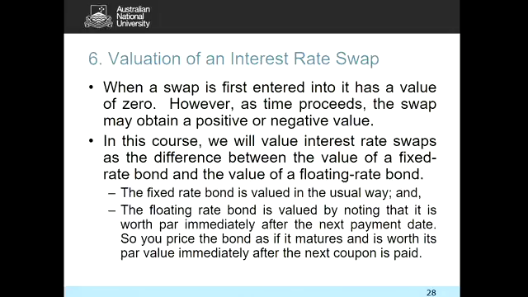So if the next coupon's paid in 4 months, even though there might be 20 coupons to go, you just discount back that coupon 4 months, and you discount back the face value 4 months as well. Okay, so that is the convention for valuing a floating rate bond. And it's actually really easy. You take the value of the next coupon, you add on the face value, and you discount it back to time 0. For the fixed rate bond, you've still got to consider all the cash flows.